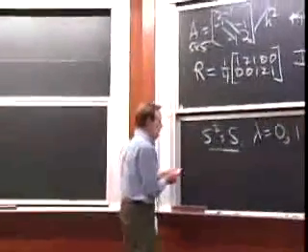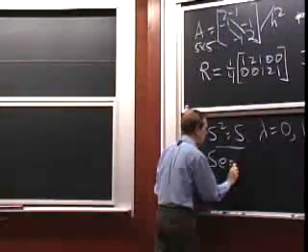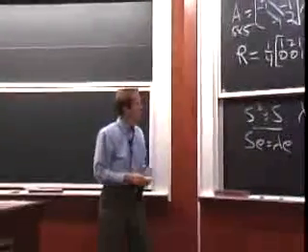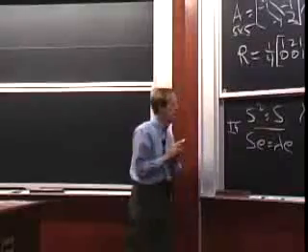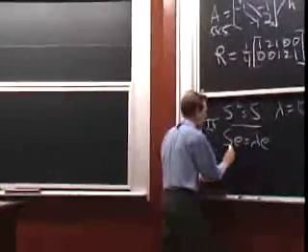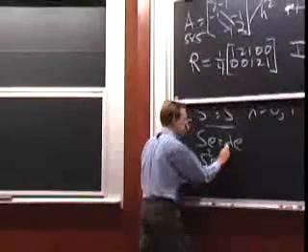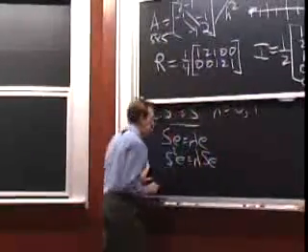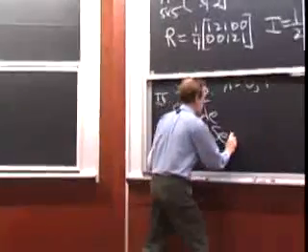Why is that? Because if SE equals lambda E, I could multiply by S again, so I would get S squared E equals lambda SE, and that's lambda squared E, right?